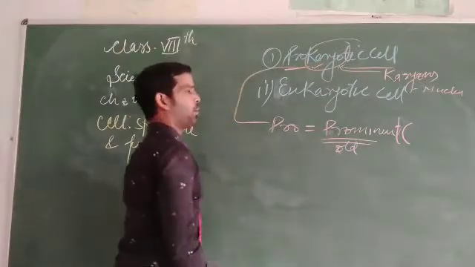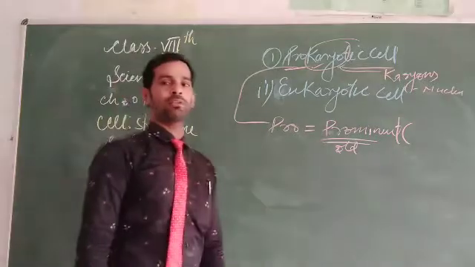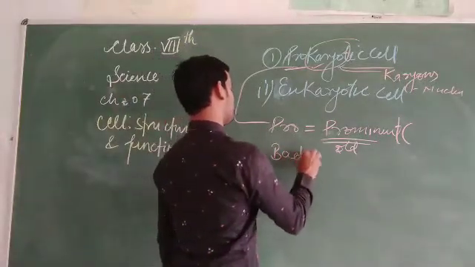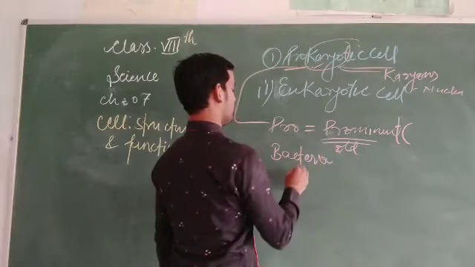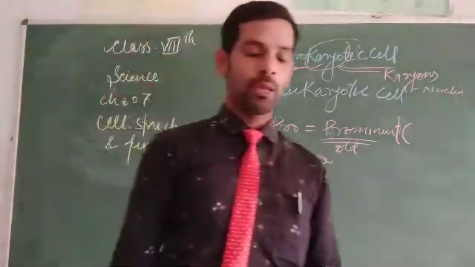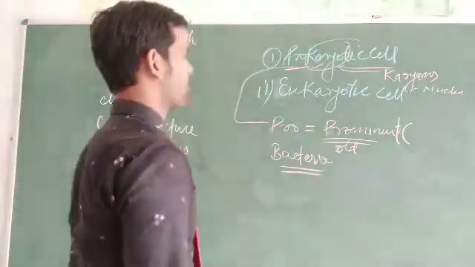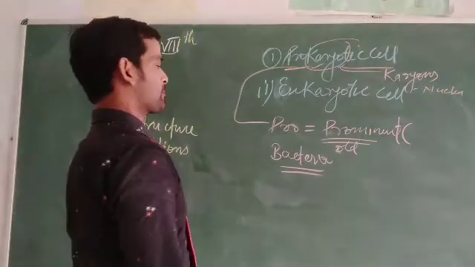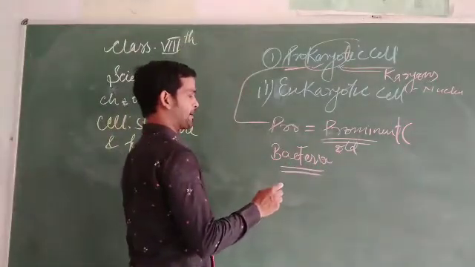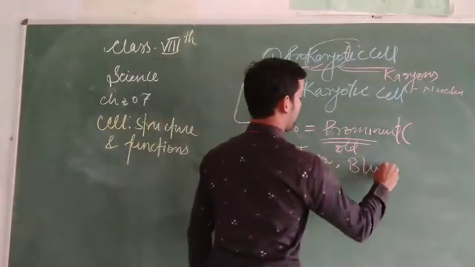So we can say the organism in which the nucleus is not well-defined is called a prokaryotic cell. In which organisms is it found? In bacteria and cyanobacteria, that is, blue-green algae.